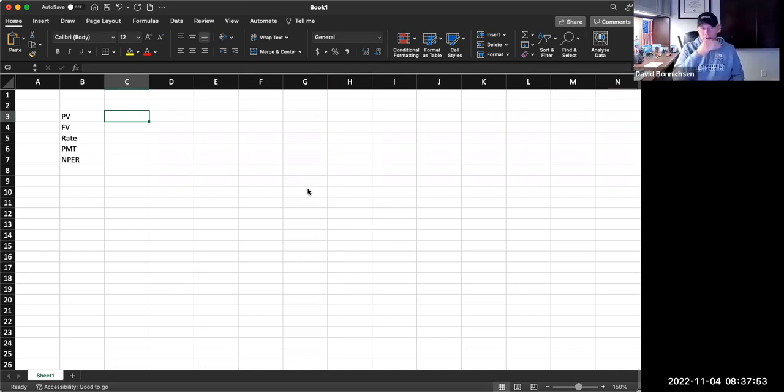He's going to make a $1,000 lump sum deposit today, and he wants to have something in the future. So in that example, we had a negative $1,000 PV, because that was money coming out of his life, cash outflow, and putting it into some investment. And he wanted to get something in the future in the form of $7,000.